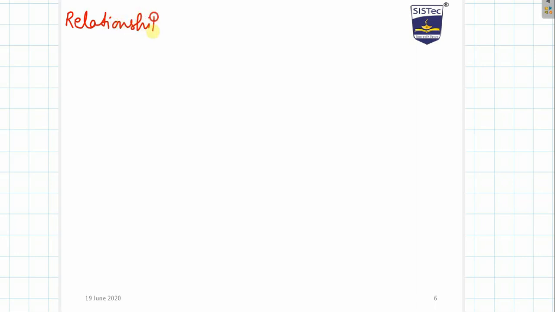the relationship between the coordinate systems.